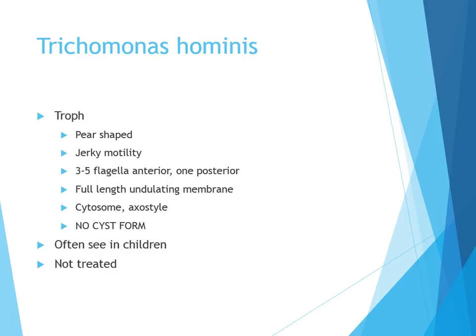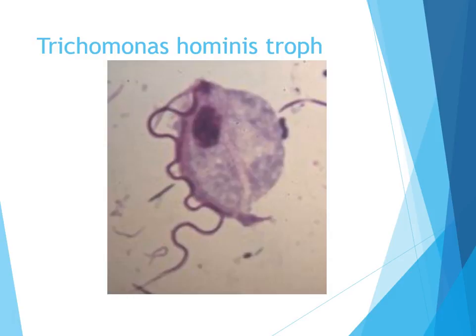It has a full-length undulating membrane. This is the undulating membrane, and this is all membrane in here. But notice it starts here and it ends here. So it has a membrane down the whole body.